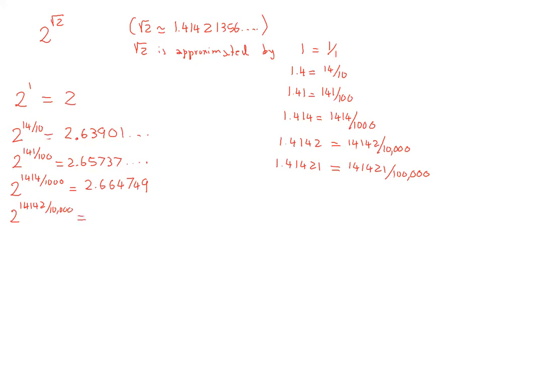And this is going to be 2.665119, and so on. And the last one, which is 2 to the 141421 over 100,000. You can actually continue to play this game, and especially with the powerful calculators that you can even find on the web nowadays. You can find more and more.